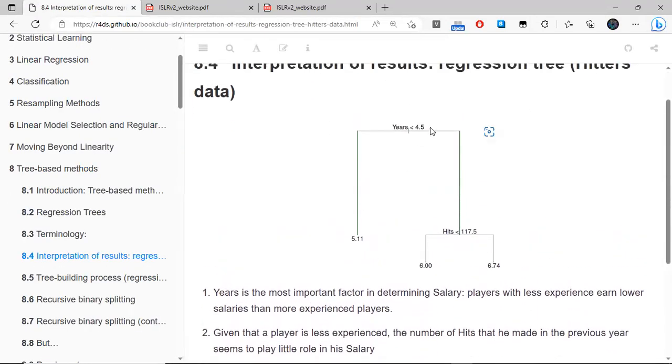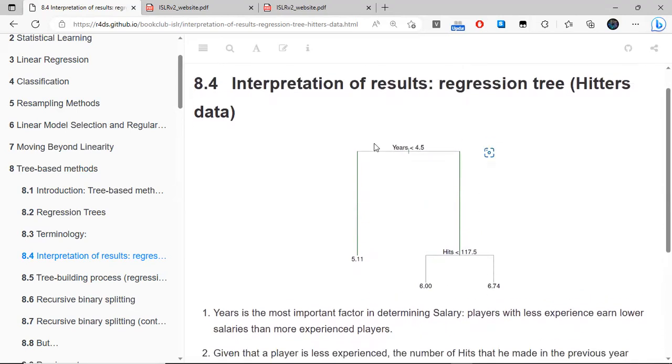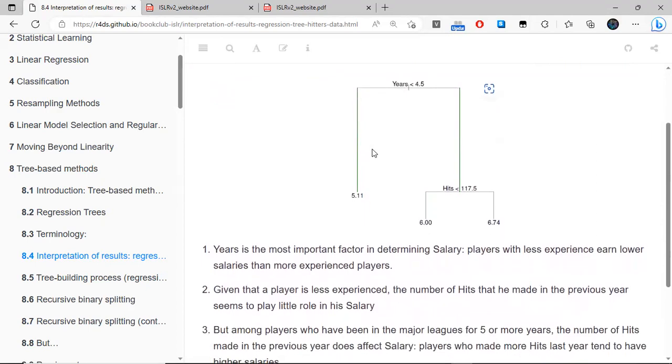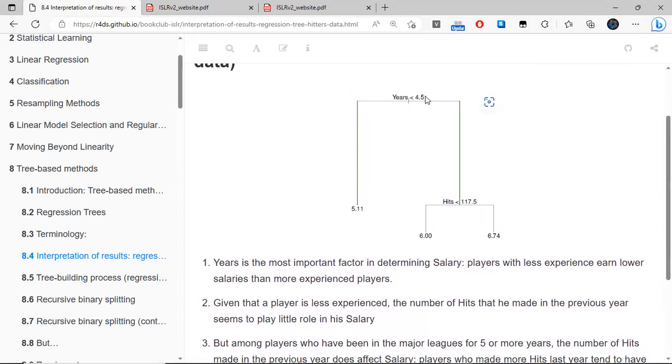And over here is the graphical representation of this, in this case, the regression tree that we saw when we split the predictor space into 3 rectangles. We perform a first split via this inequality, years smaller than 4.5. And over here we have the average.